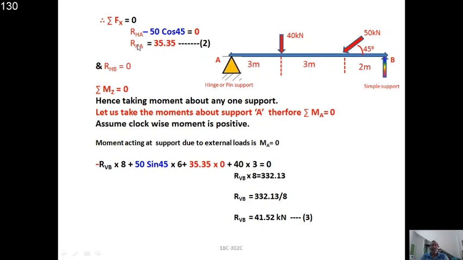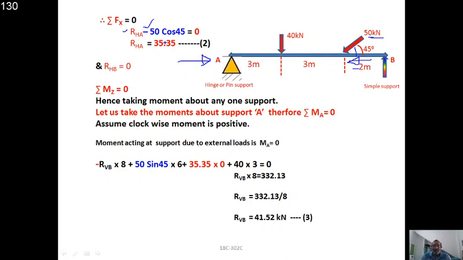You see in this figure, RHA is in the positive direction, whereas 50 cos 45, the adjacent component, is in the negative x-axis direction, hence we take 50 cos 45 as negative. RHA is in the positive direction of the axis, hence positive. There are no other horizontal components from any other forces or supports.